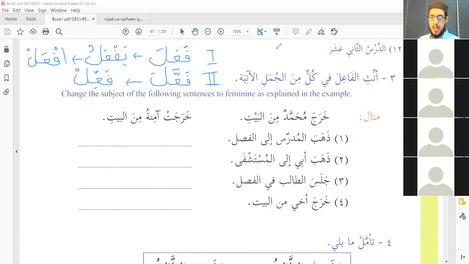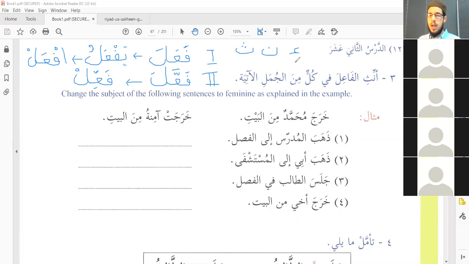Anatha, if we take the root, hamza, noon, tha, has to do with something being feminine, right? الذكر والأنثى, right? Surah Al-Layl. وما خلق الذكر والأنثى. Untha is from this root.